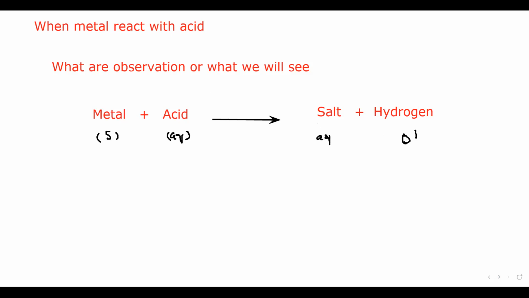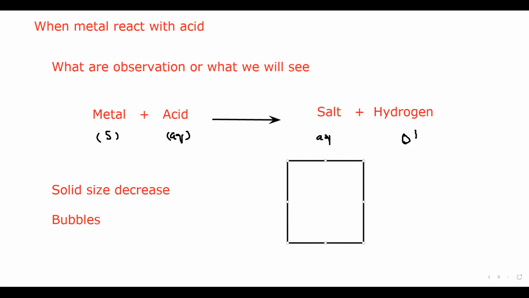So what are the observations? We'll see when metal reacts with acid, the solid size decreases. The solid is the metal here, and because hydrogen gas is there, we'll see bubbles. So these are the observations when acid is reacting with metal.